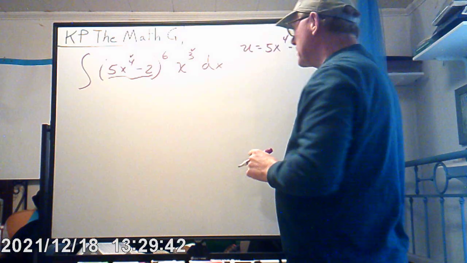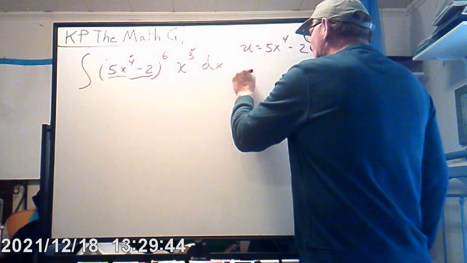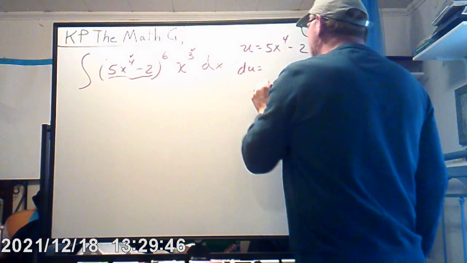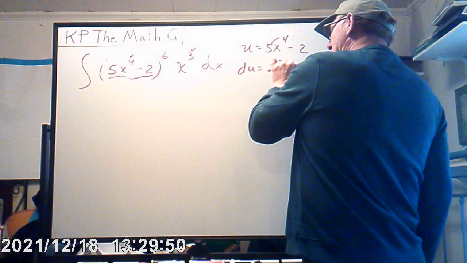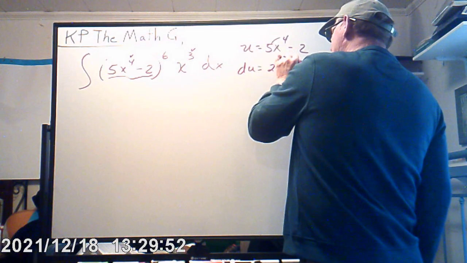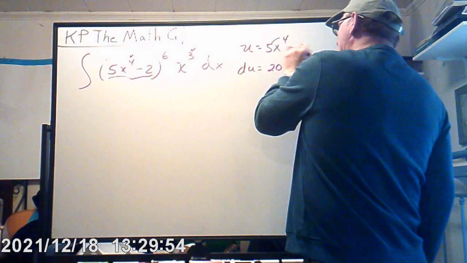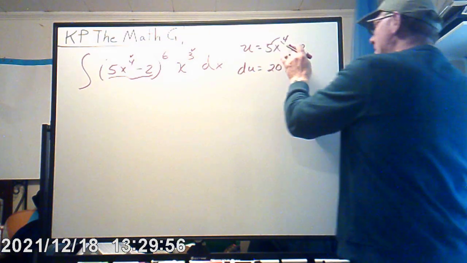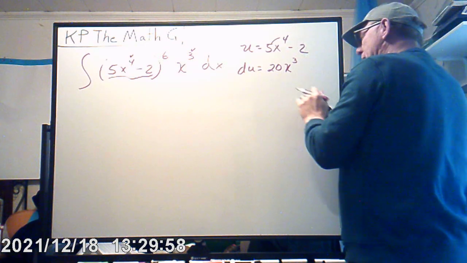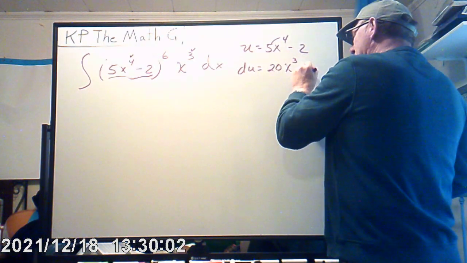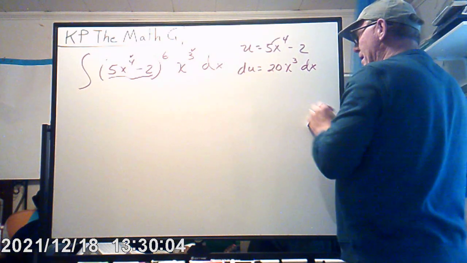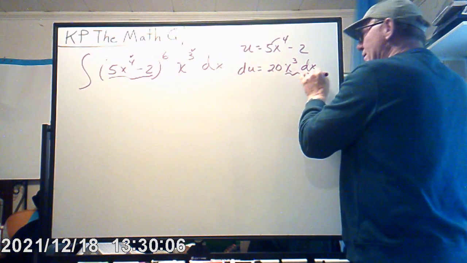Substitution. du, let's see what that is. 5 times 4 is 20, x to the third. Remember, the derivative of 2 is 0. So 20x to the third dx.